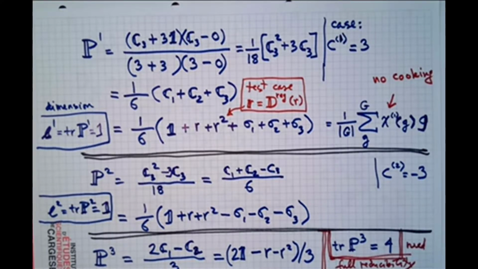Then you just go through it, and there are two ways. One is you learn your characters, and you use full reducibility in terms of counting how many times an irrep shows up in your particular problem. That works well. You can always do this, and you can ignore the projection operators if you don't like them.